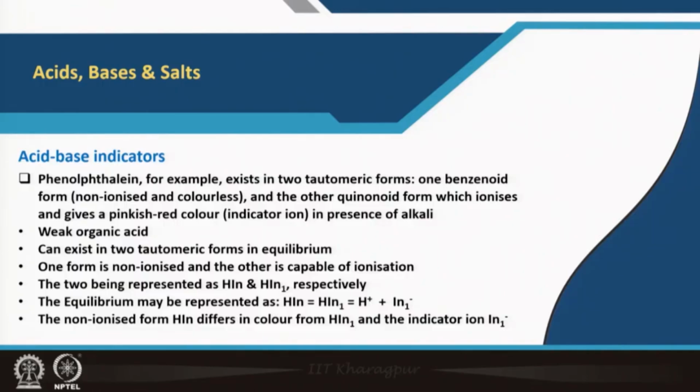Today in my lecture I will tell you about the indicators. You all know that indicators are very important in titrations, and there are many different kinds of indicators. Depending on what type of titration I am doing, we have to choose the indicator.